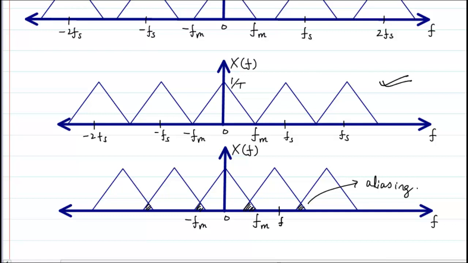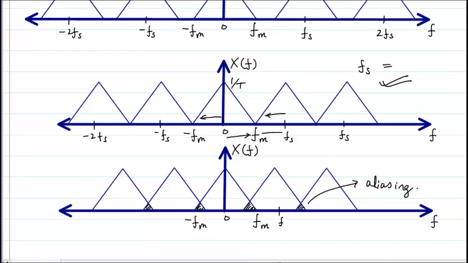And what does this condition say? At least fs should be equal to how much? From here it is 0 to fm, and from here to here again it will be another fm, because this belongs to the triangle. We know the width of the triangle is fm, so here also it will be fm.